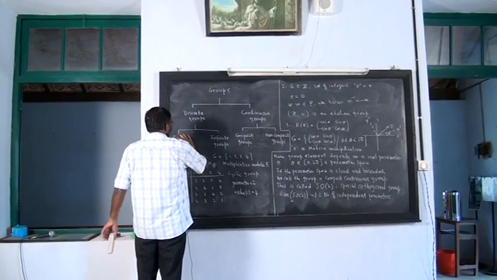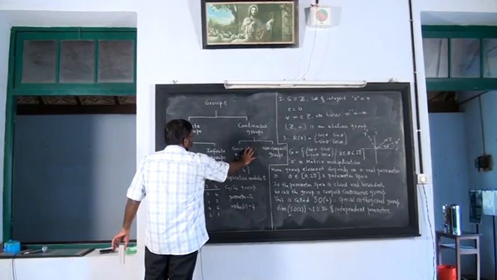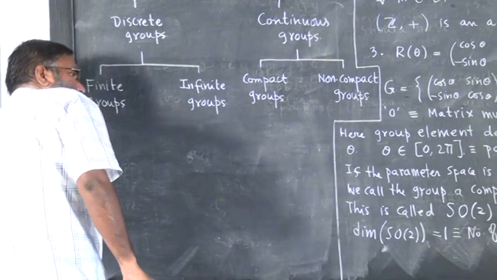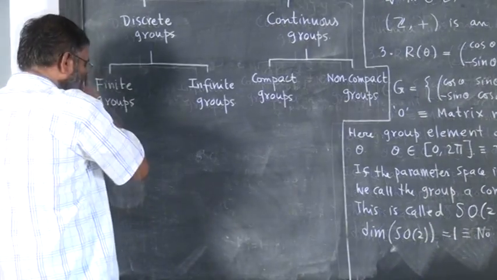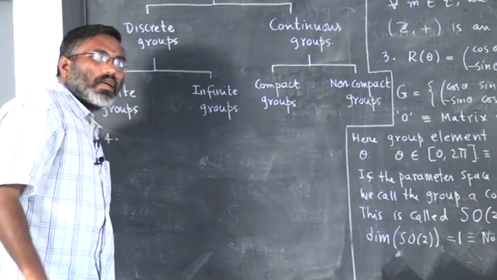So I have given an example for finite group, infinite group, compact continuous group. Let's consider an example. Let's say you have a translation group.